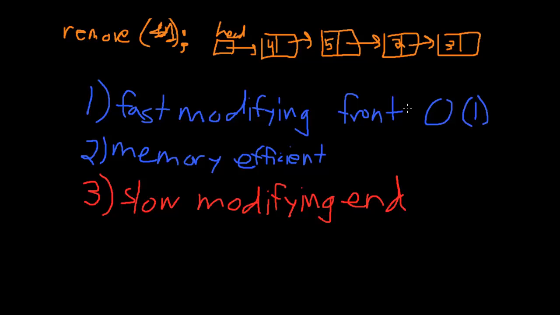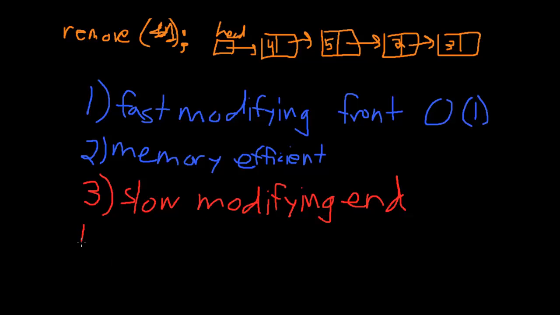You noticed if I wanted to add to the end or remove from the end, I have to cycle through each element until I reach the last thing and then point that to my new node or do whatever I have to do on the very end. So if I have 1,000 elements, I have to theoretically cycle through every single one of the 1,000 elements until I reach the end. That could be really slow when we hit large values of n.